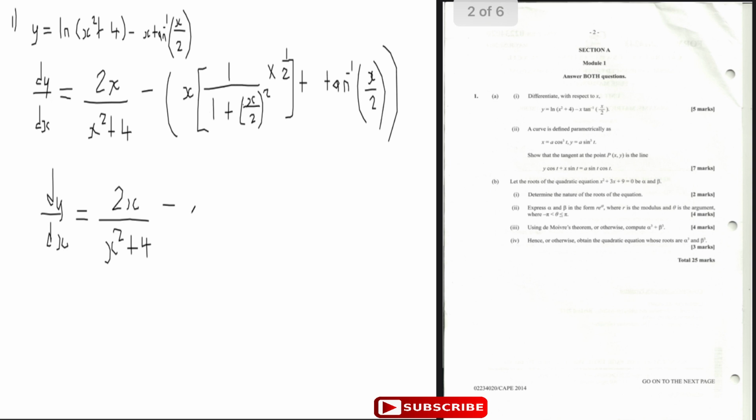All right, so just to pretty it up, the 2 can go in the denominator, the x comes in the numerator.